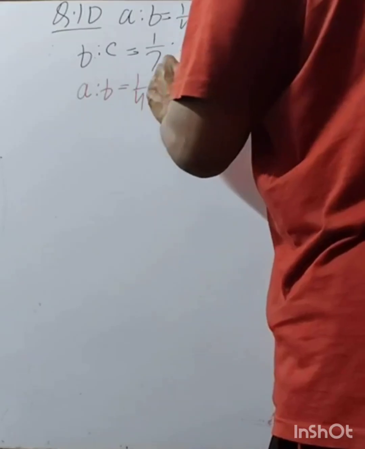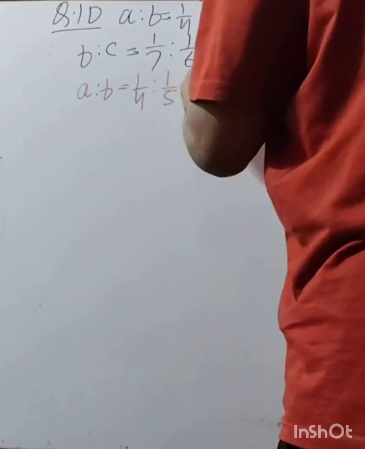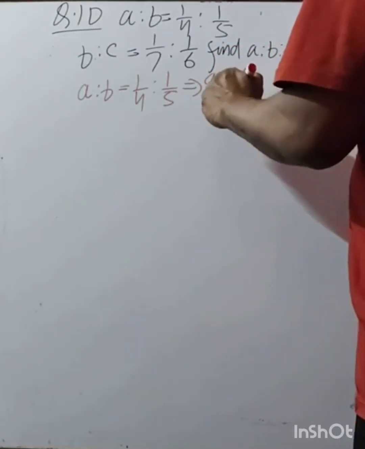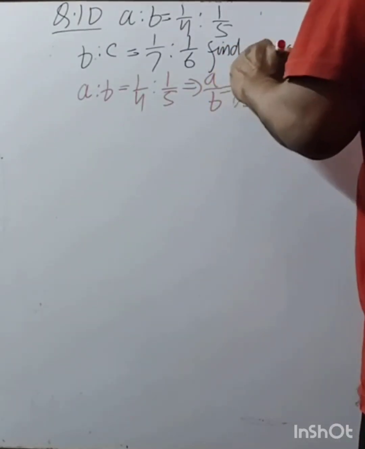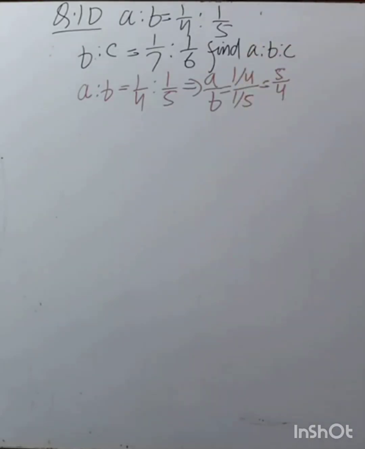You can write it like this: A upon B is equal to 1 upon 4 upon 1 upon 5, so we can write 5 upon 4.